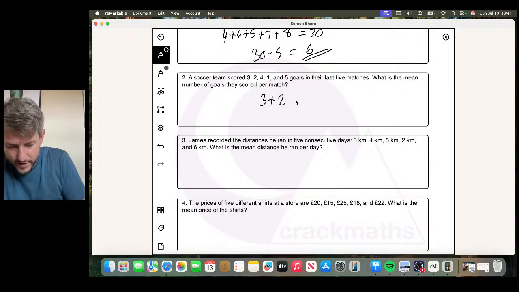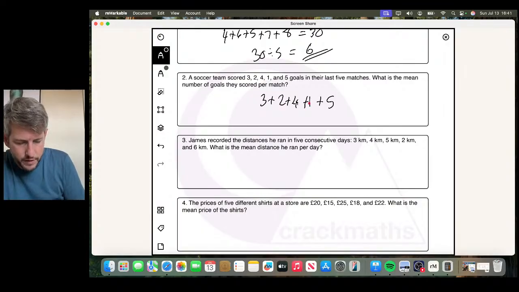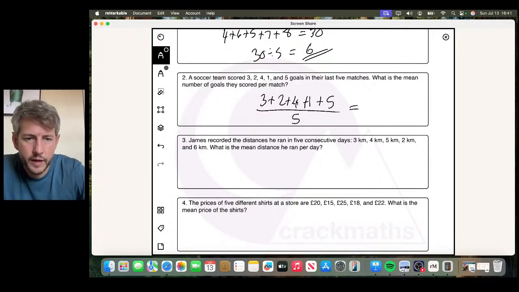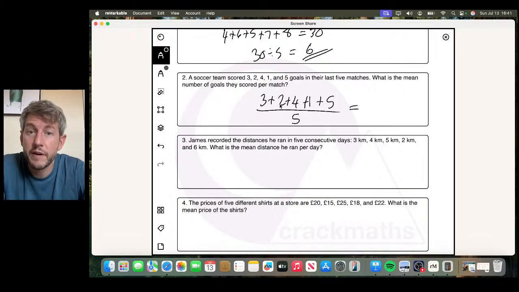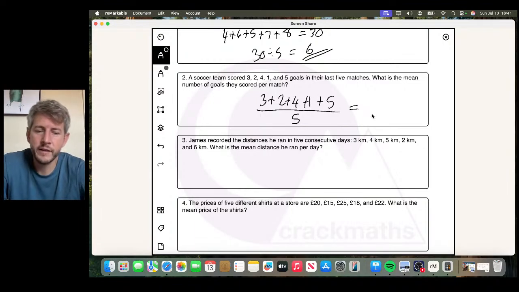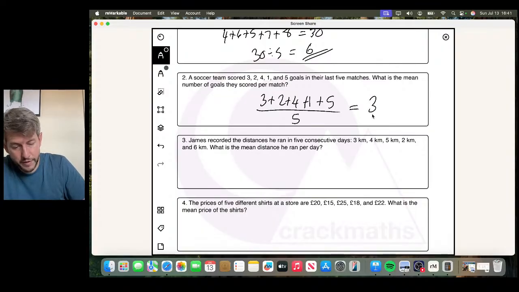So we do 2, add 3, add 4, add 1, add 5, and then we're going to divide that by 5. 2 add 3 is 5, add 4 is 9, add 1 is 10, add 5 is 15, divided by 5 equals 3 goals.